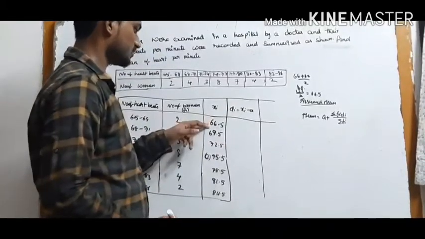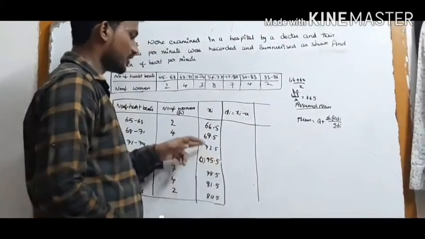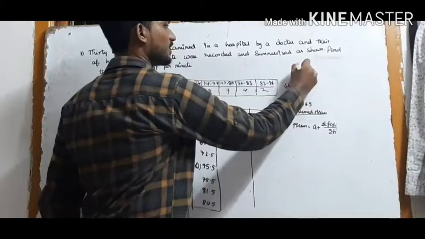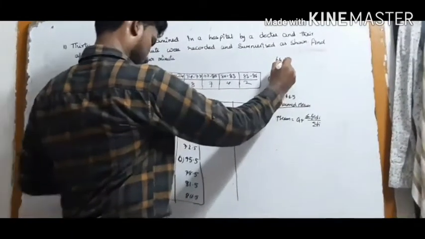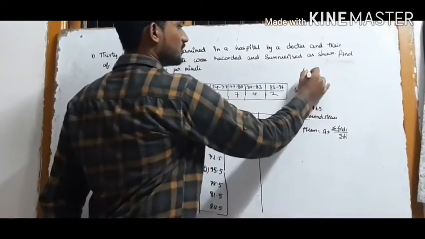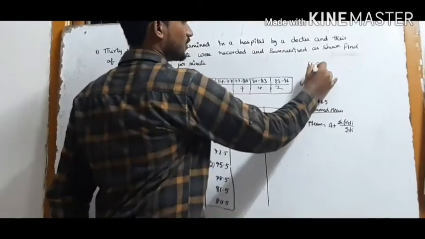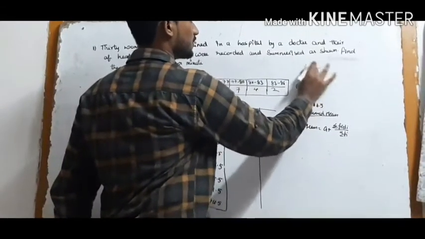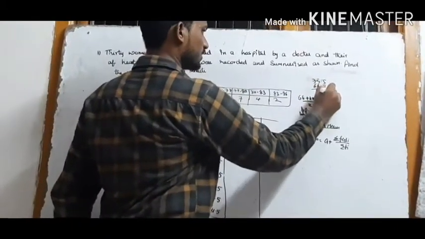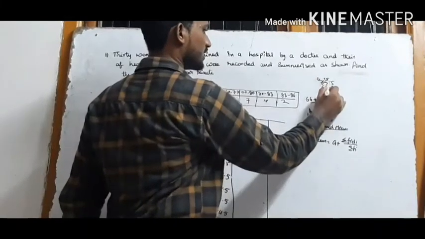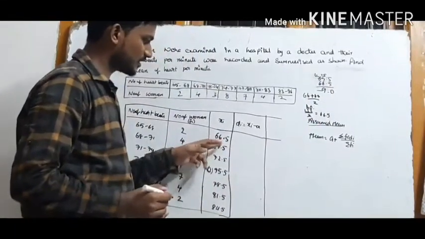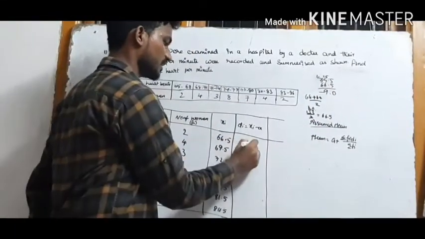Here xi equals 66.5 and a is 75.5. From 66.5 minus 75.5, since 75.5 is the bigger number, we do 75.5 minus 66.5, which is 9, so it is minus 9.